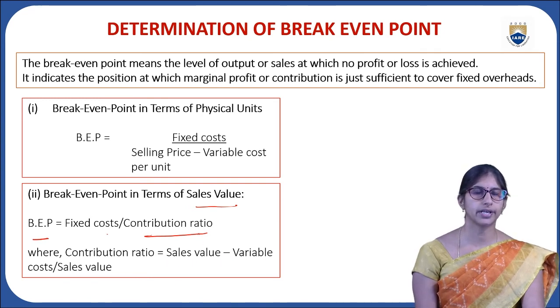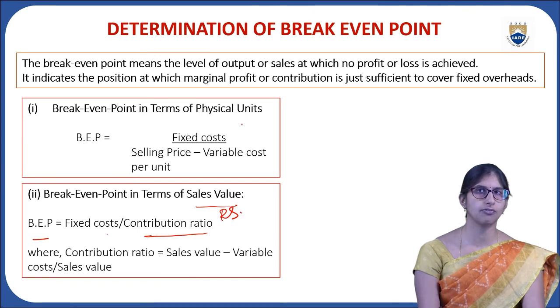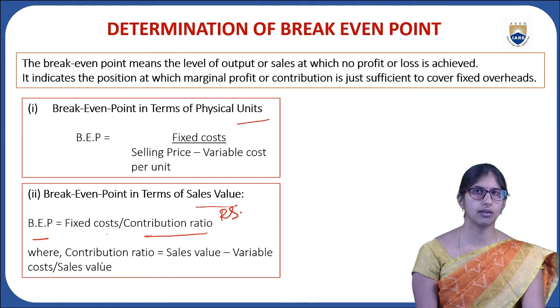In terms of units, it is fixed cost divided by selling price per unit minus variable cost per unit. And if we want to ascertain the break-even point in value, that is in rupees, it is fixed cost divided by contribution ratio, that is fixed cost by sales value minus variable cost value.